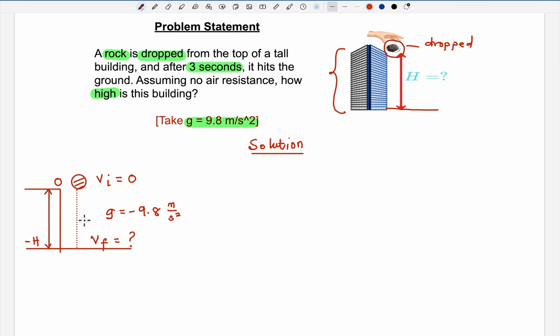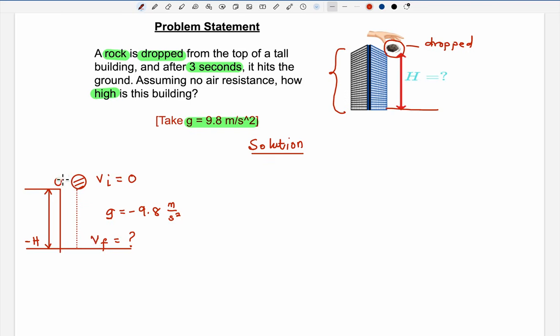It falls freely under gravitational pull, and the acceleration of gravity is 9.8 meters per second squared. That means because we do have acceleration, this object is going to speed up as it falls down until it hits the ground. And it took this whole motion 3 seconds for the rock to hit the ground.